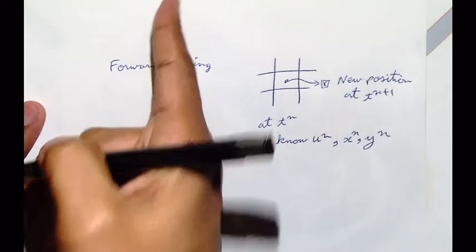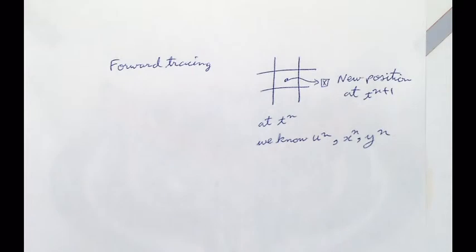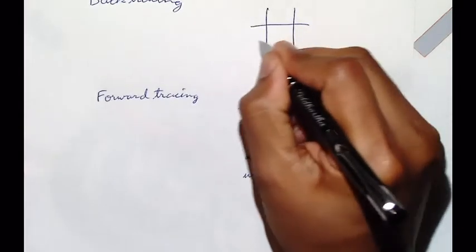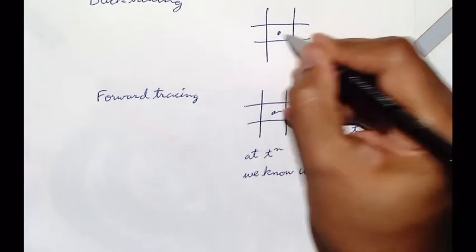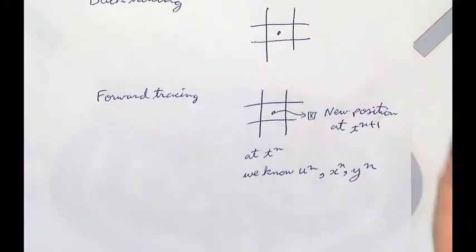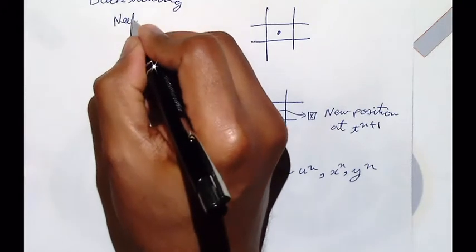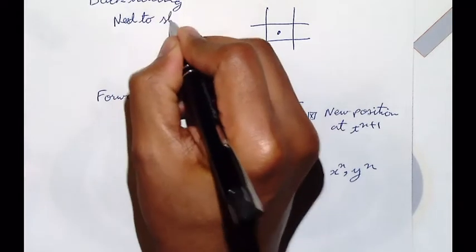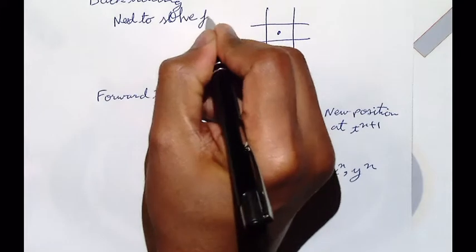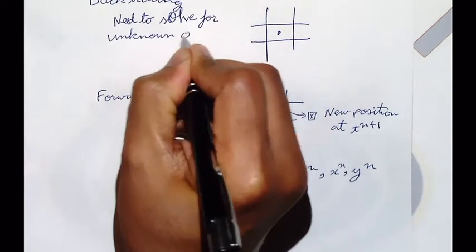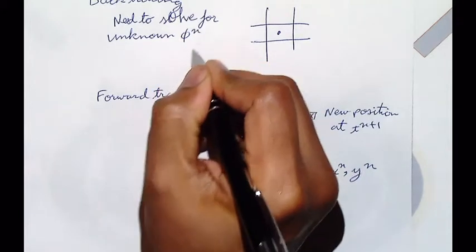But we could also have gone back in time, right? We could have said that I am at my current time step where nothing is known, so I need to solve for the unknown un plus 1.